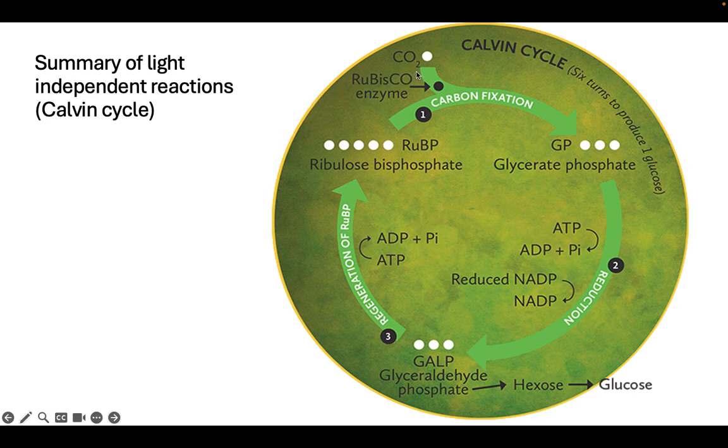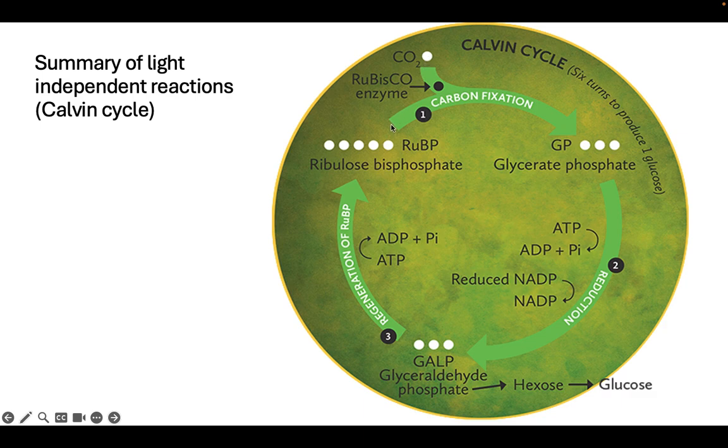So in essence, what happens is you're going to take a single carbon from carbon dioxide, which is what this white circle represents, a single carbon in CO2. And you're going to combine it with a type of sugar called ribulose bisphosphate, which contains 5 carbons. It's 5 plus 1 equals 6.